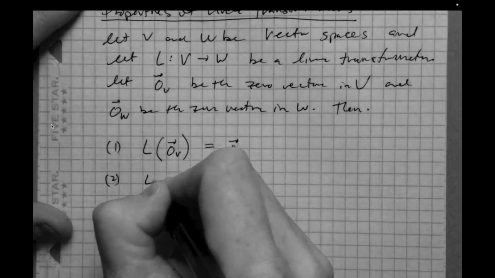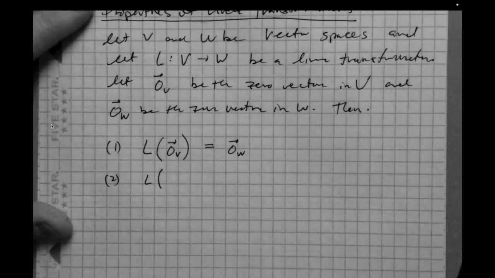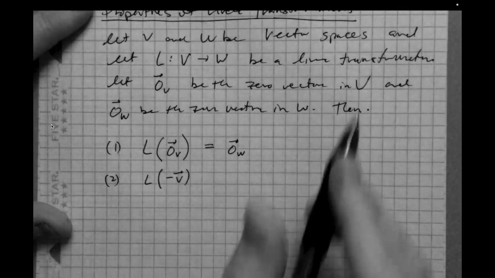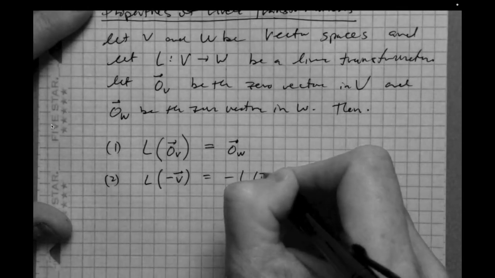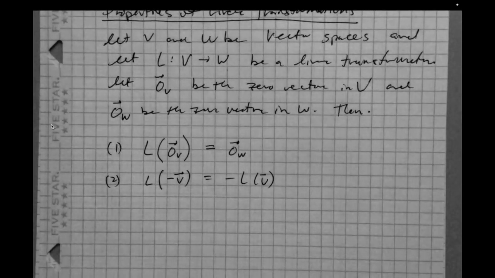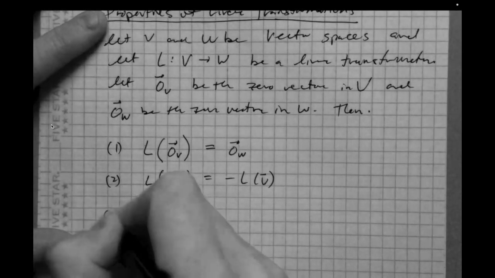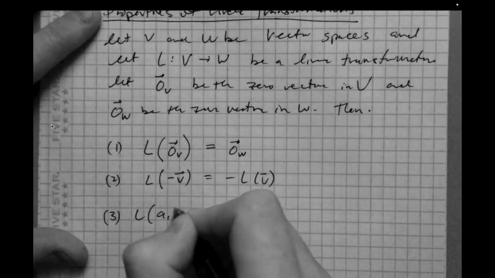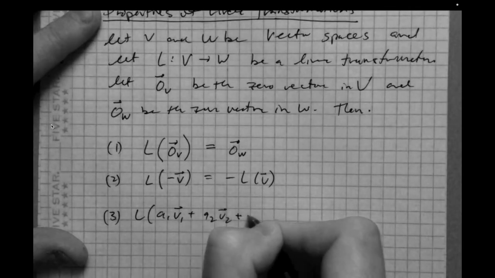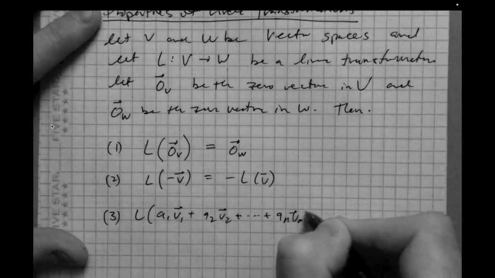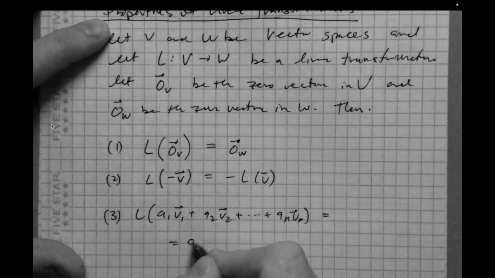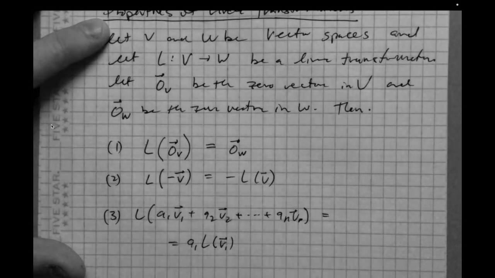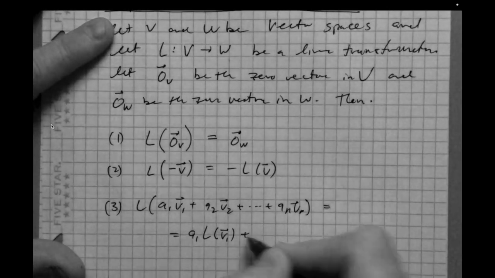It's also true that if I apply the linear transformation L to the negative V, then what I get is equal to negative L of V, right? So that one is kind of more obvious. It's just a scalar multiplication argument, I think. And then finally, when I apply L to a linear combination, that's going to produce a1 L(v1). It's going to produce results that are equivalent to basically this.